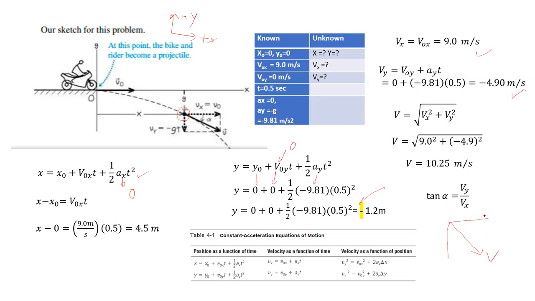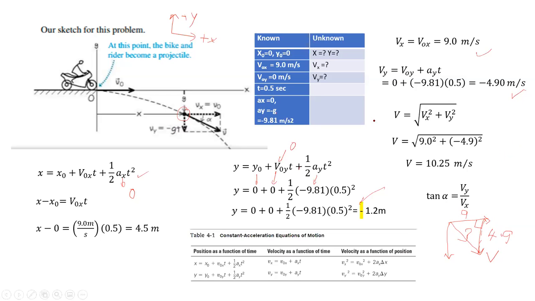You know this part, you know this part. Make your right triangle. You know this V0x is 9, and this is negative 4.9. The negative sign gives me the direction downward, and here you have a right triangle.